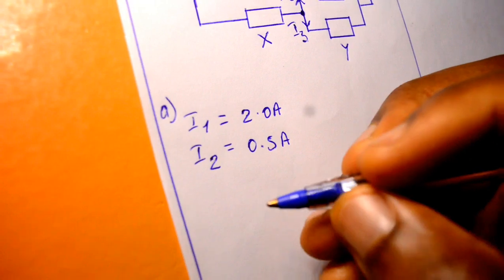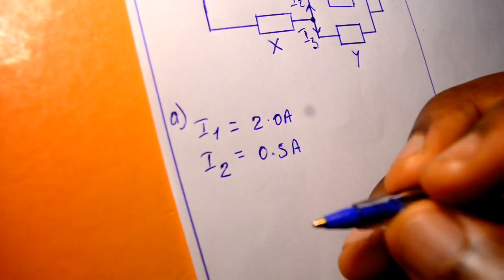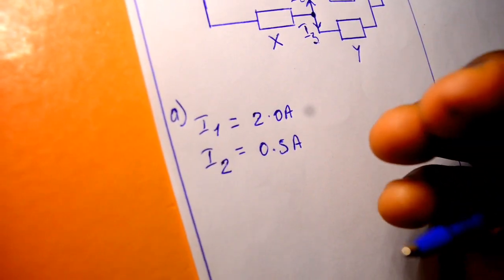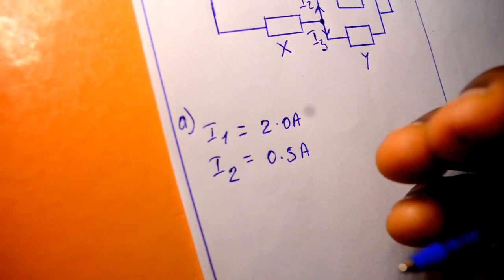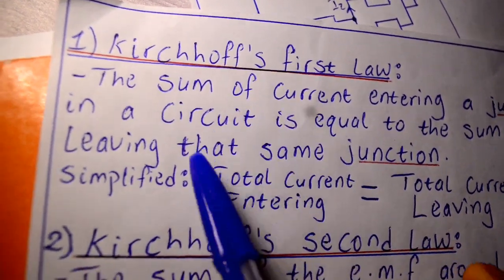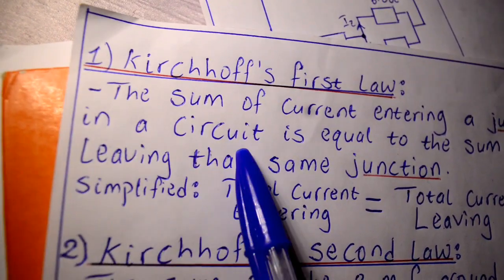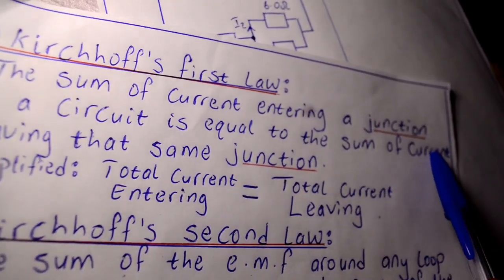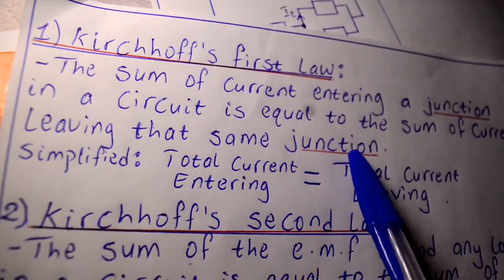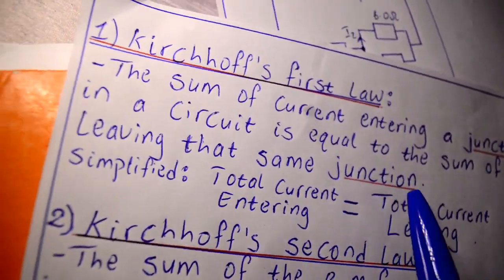So to solve this question, we must apply Kirchhoff's first law. It says the sum of currents entering a junction in a circuit is equal to the sum of currents leaving that same junction. Is it clear?